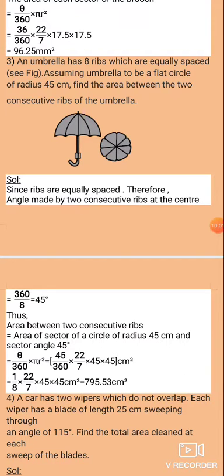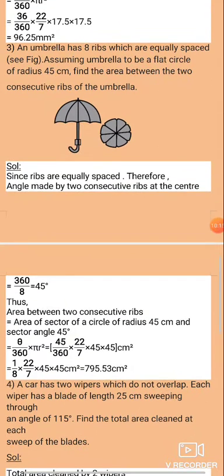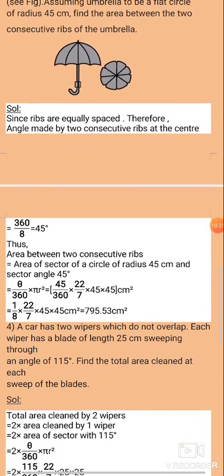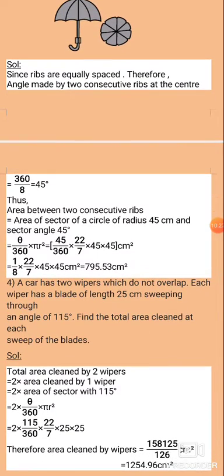You just think of that wiper of the car. We need to find the total area cleaned by the two wipers. So when you clean the portion using the wipers, what is the shape of that? Yes, it is a sector, of radius what? 25 and a sectoral angle 115 degree.